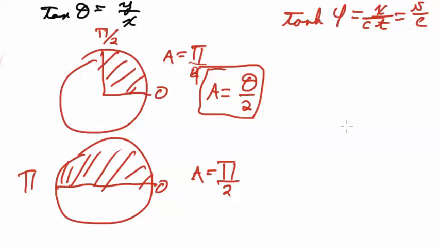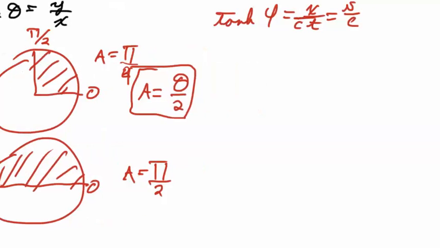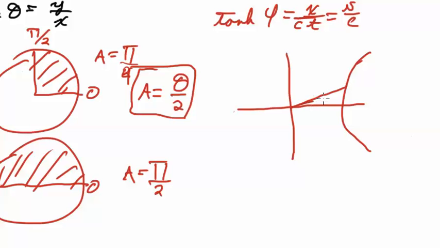Now, this is the relationship that holds up with the hyperbolic tangents, because if I have an angle like this one with angle phi, then the region inside there has area equal to phi over 2.